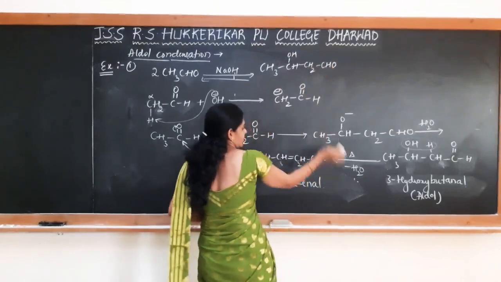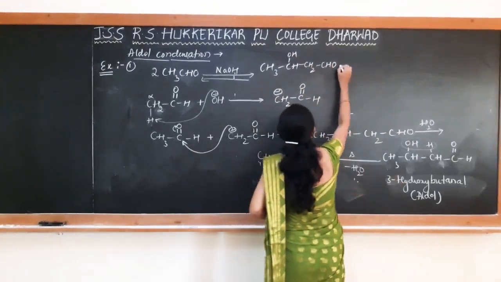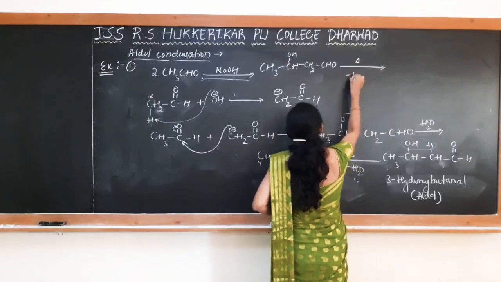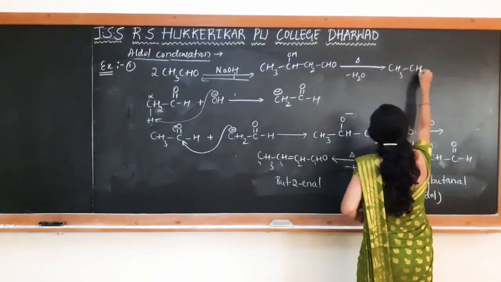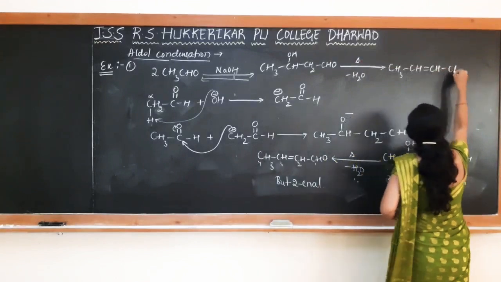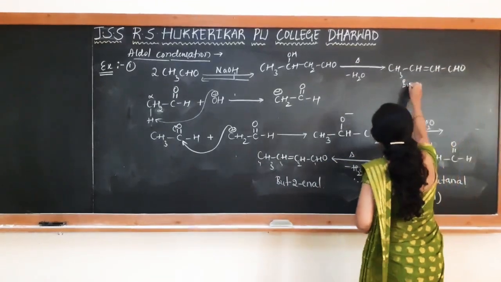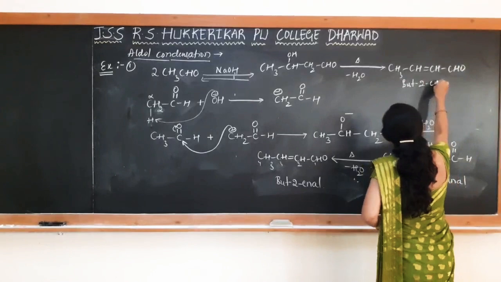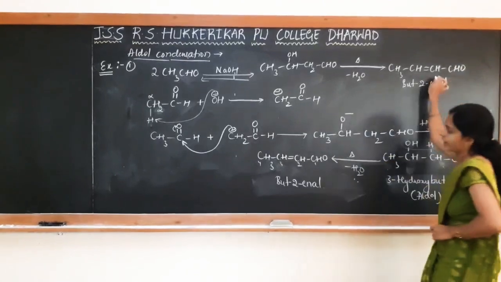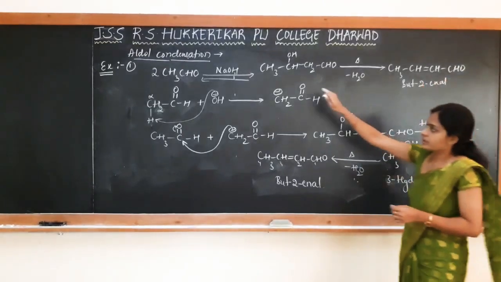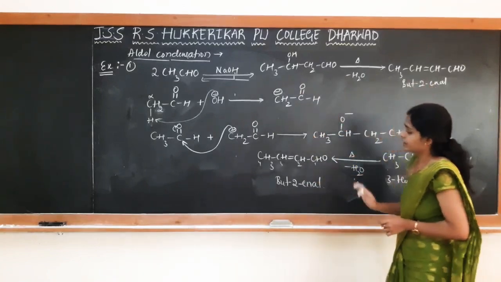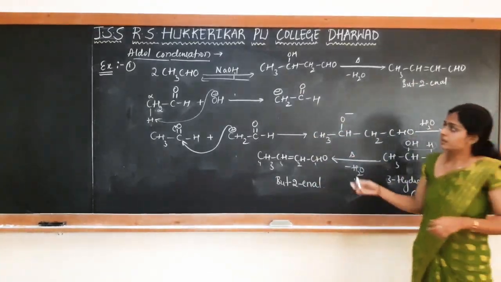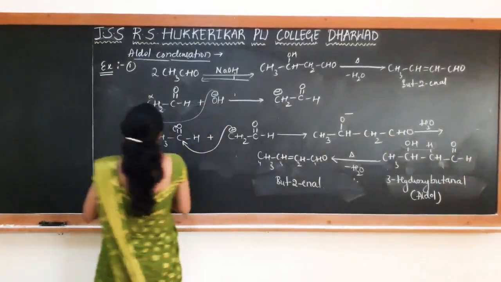So there is a formation of 3-hydroxybutanal, which on heating undergoes dehydration to form CH3 CH double bond CH CHO. This is but-2-enal. So this is the final product. So only this much you have to write. Okay, this is for your understanding. Clear? So this is the first example.